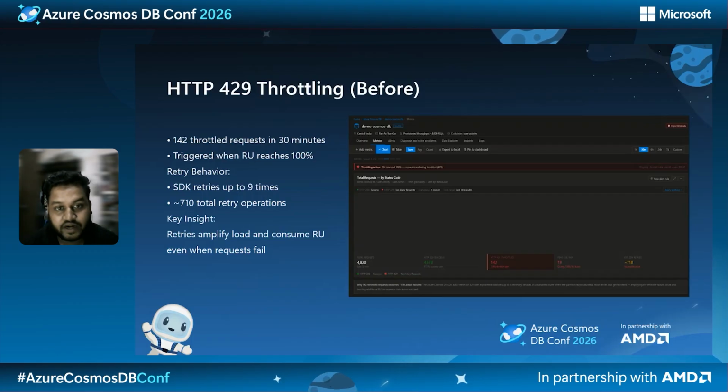The SDK automatically retries these requests up to 9 times by default. So these 142 errors actually resulted in roughly 7,000 operations, and all of those retries still consume RU even though they fail. So instead of helping, retries actually amplify the problem. This is what we call retry amplification.